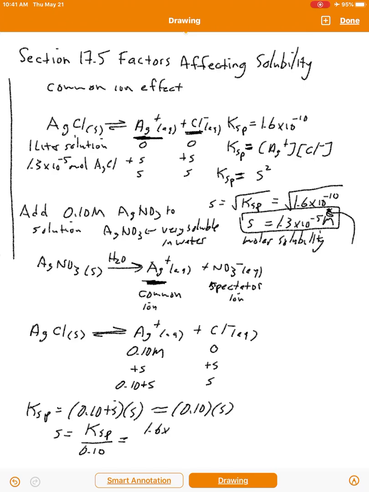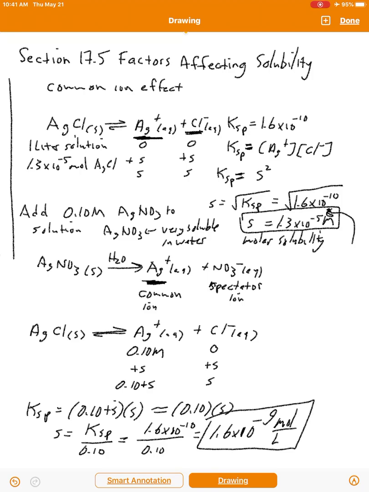So 1.6 times 10 to the minus 10, that hasn't changed, over 0.10, and you get 1.6 times 10 to the minus 9 moles per liter. That's your molar solubility. Now compare that to what we had before. It got a lot smaller. Instead of being 10 to the minus 5, it's now 10 to the minus 9.